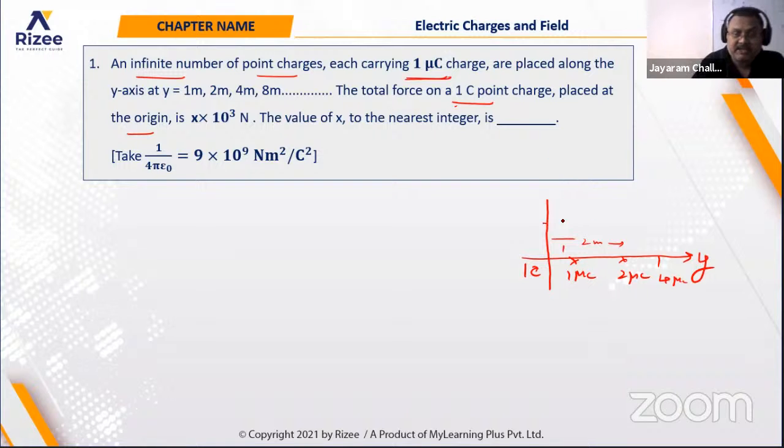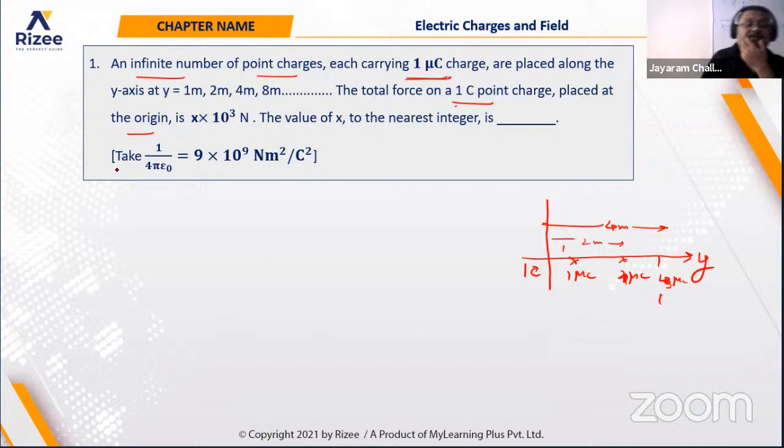That is the third charge, at a distance of 4 meters from here. All the charge values are 1 microcoulomb.